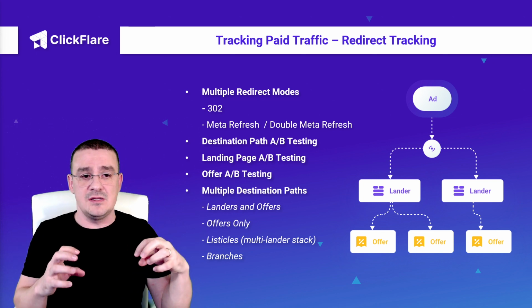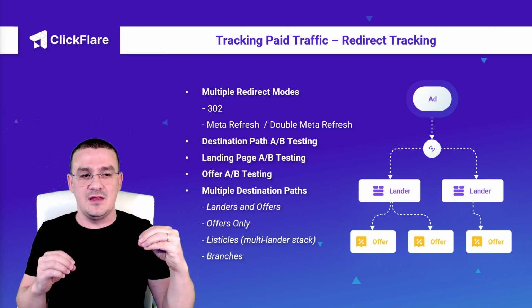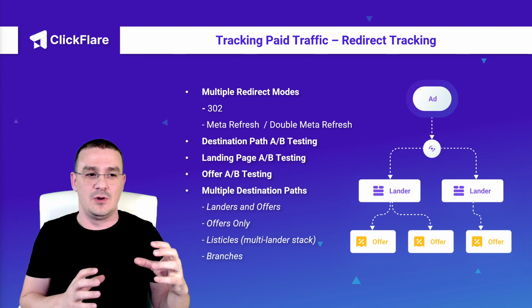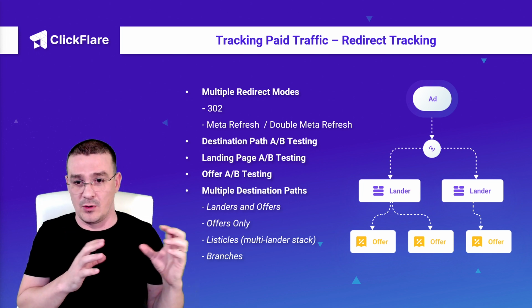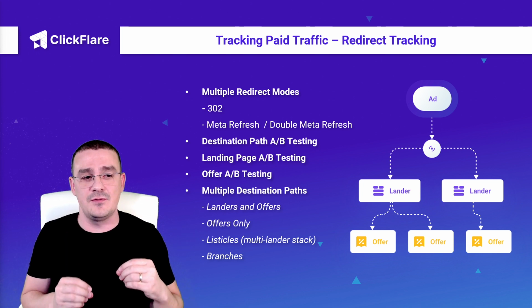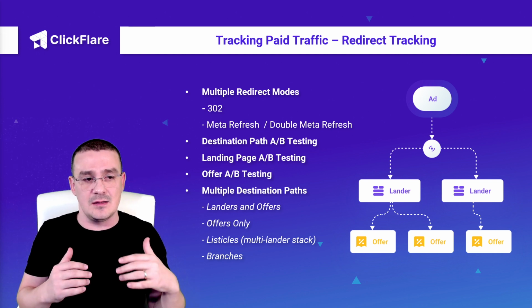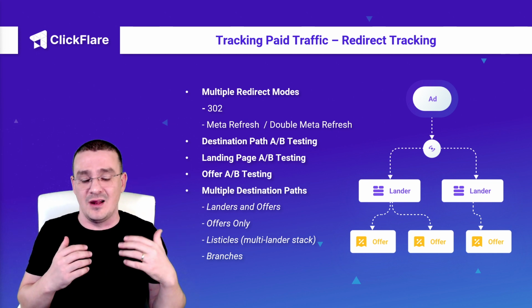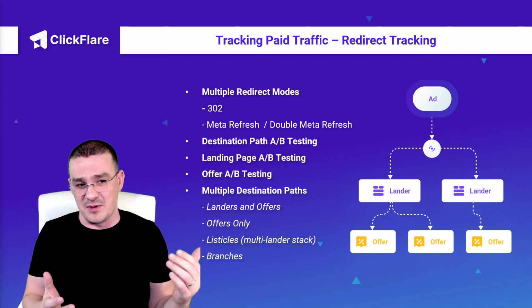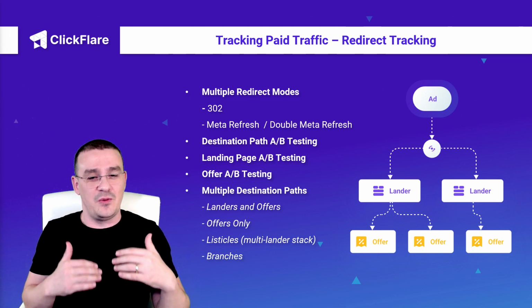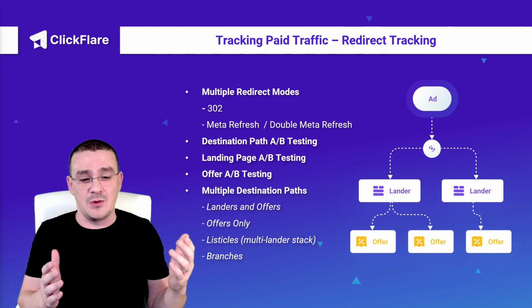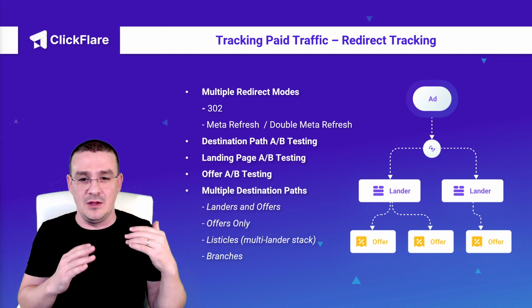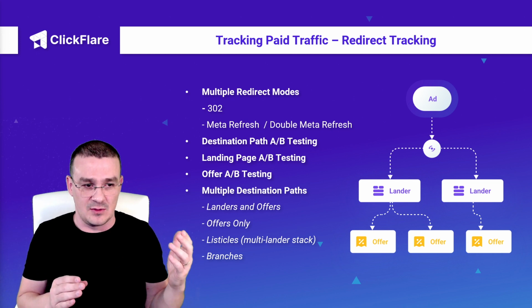And even within these flows, or groups of routing paths that we set for visitors, we can A/B test an unlimited amount of landing pages and offers. So for whatever route you want to go, it will be super easy to implement through ClickFlare.